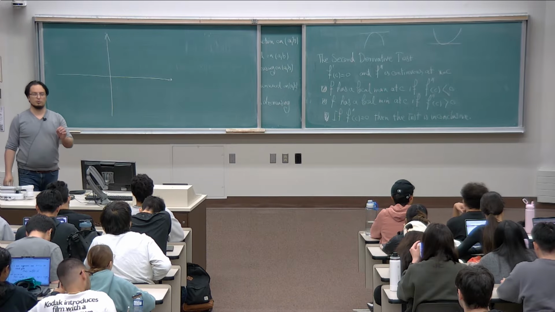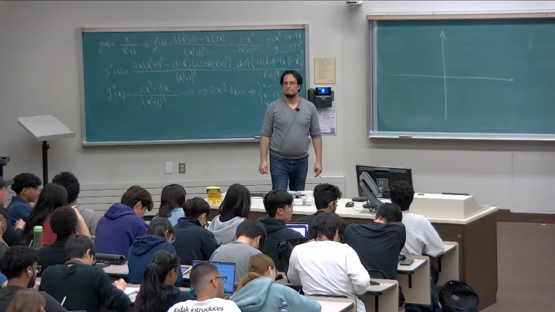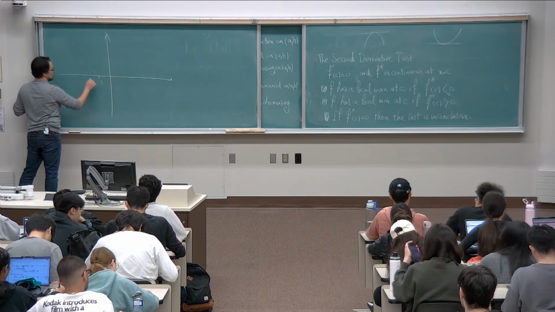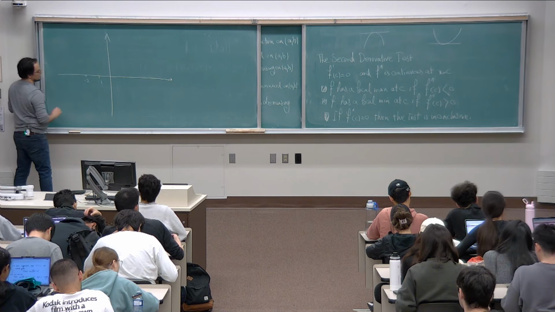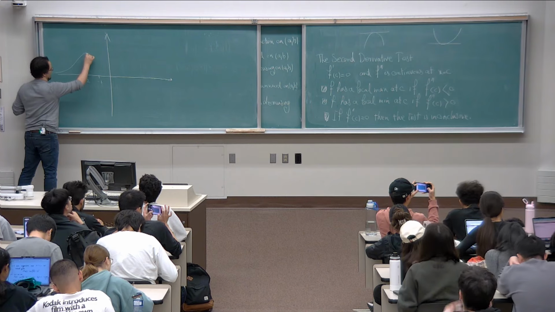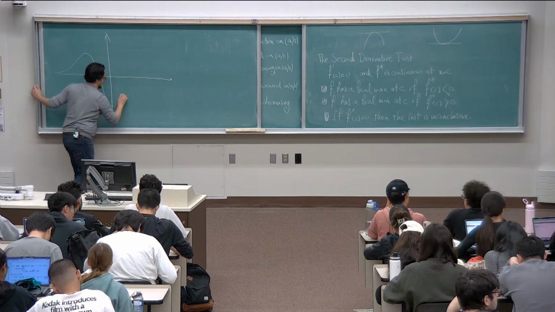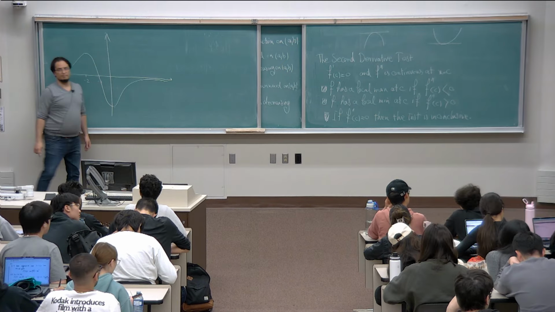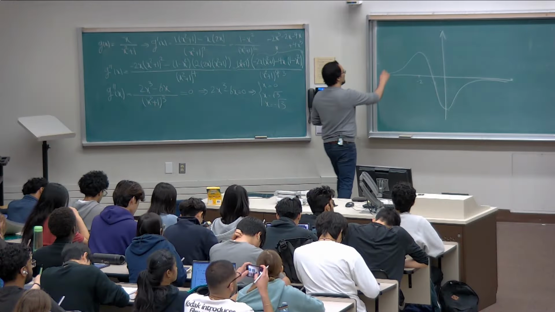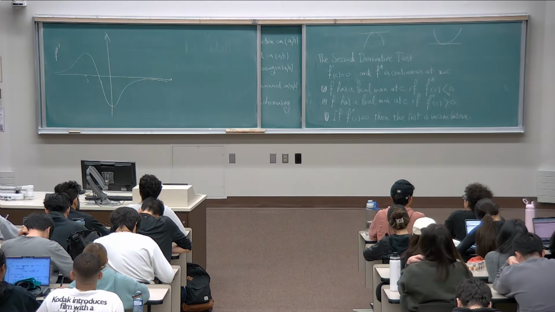I have one more question. Oh, we have 2 minutes. So I have this function which goes like this. We are given the graph of f prime, not f, the graph of f prime.